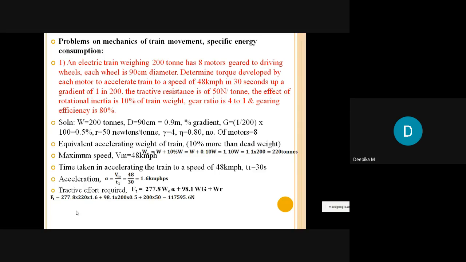You can see here WE is 220, we have already calculated, and alpha we have calculated right now, which is 1.6, and W again we substitute, G is 0.5 and R is 50. Hence we have got the answer Ft as 1,17,000.